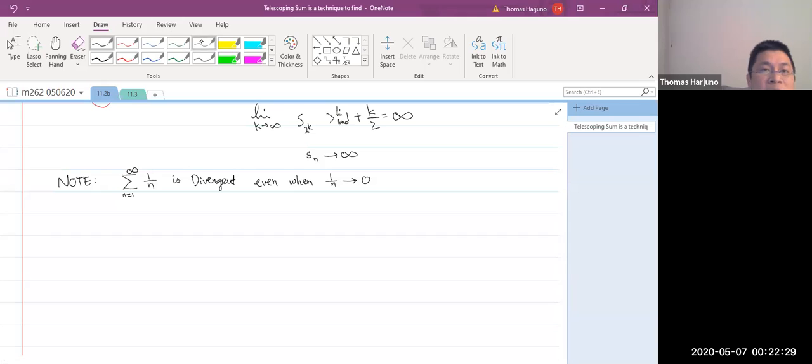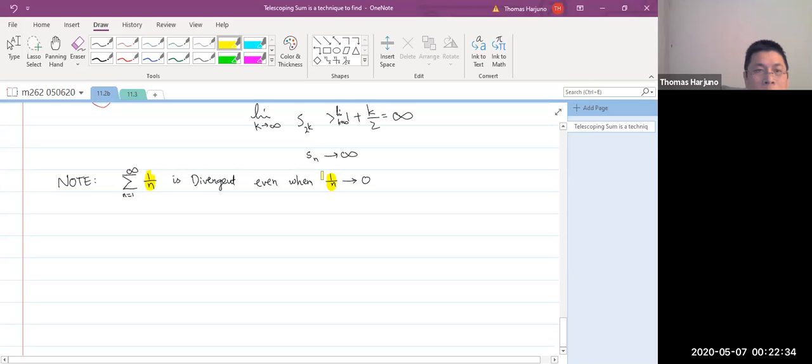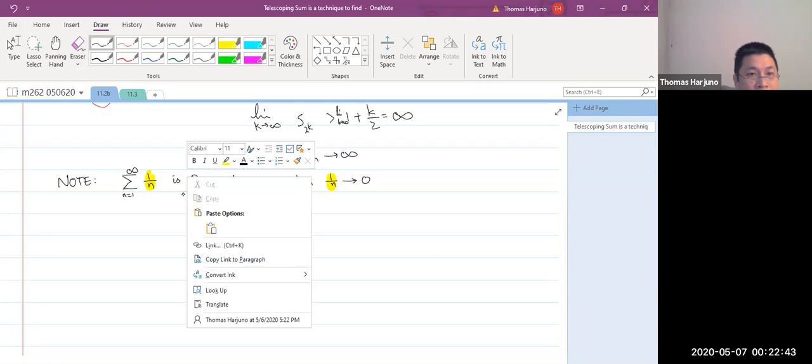Even if this sequence here converges to 0. Now, what I'm trying to say is this.